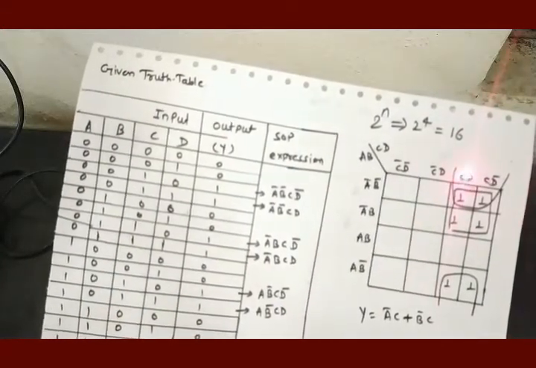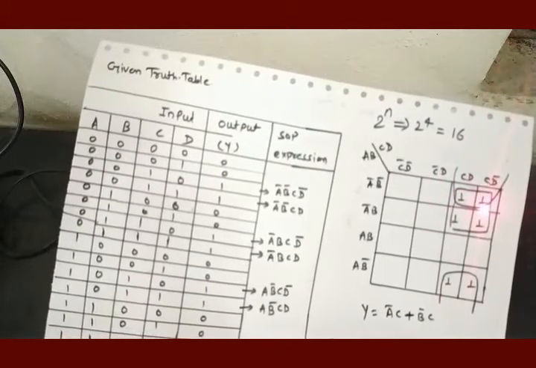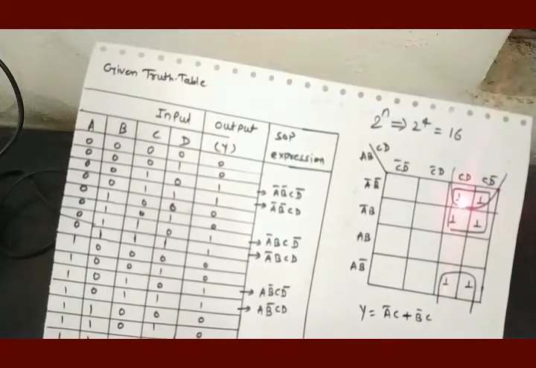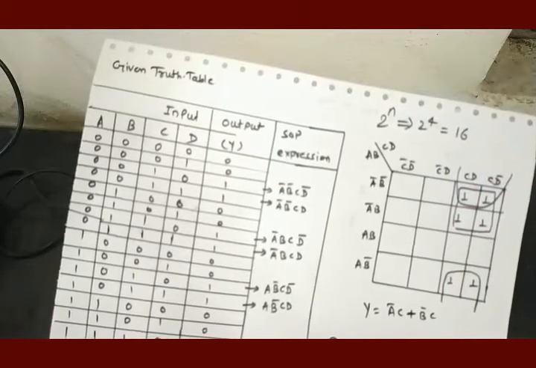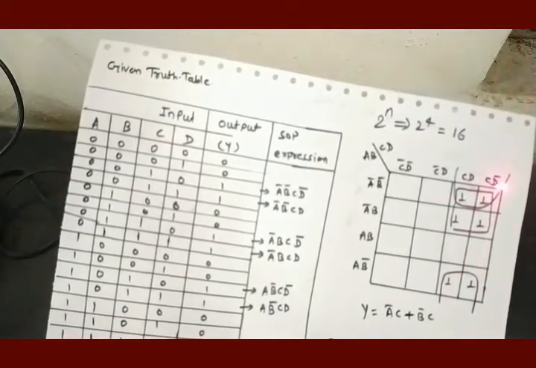It means that whenever we move from this cell to this cell, in this direction or in this direction, it doesn't matter, D bar will go away and only C will be left here.